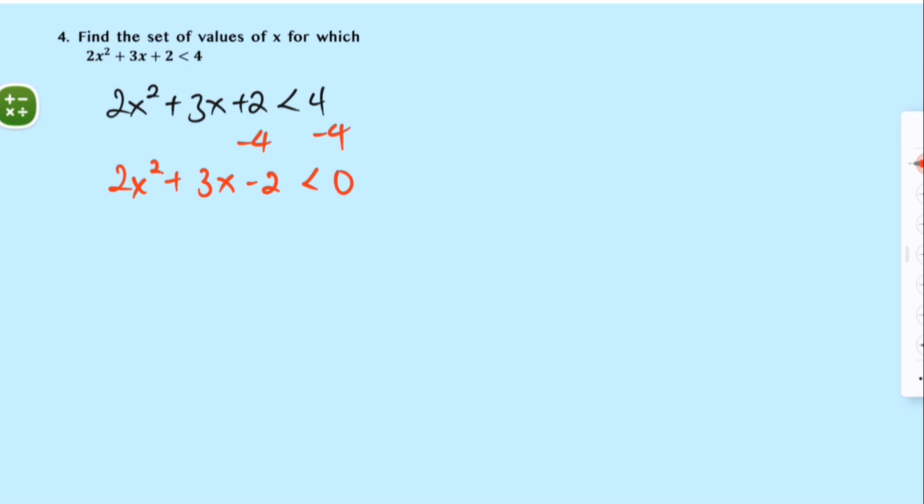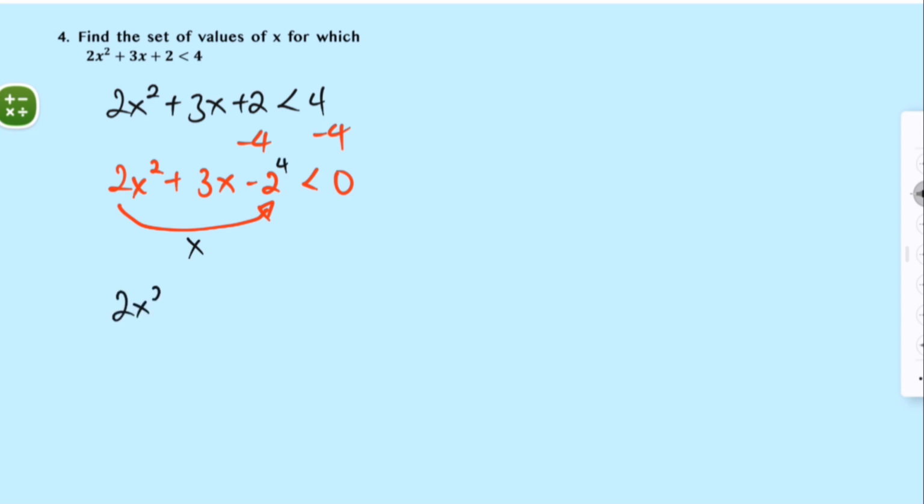Now you can either use the quadratic formula here or you use the factor method. So I'm just going to use the factor method. I am going to have to multiply the 2 by this 2 since the coefficient of x squared is not 1. After I multiply these two together, I will get a 4.